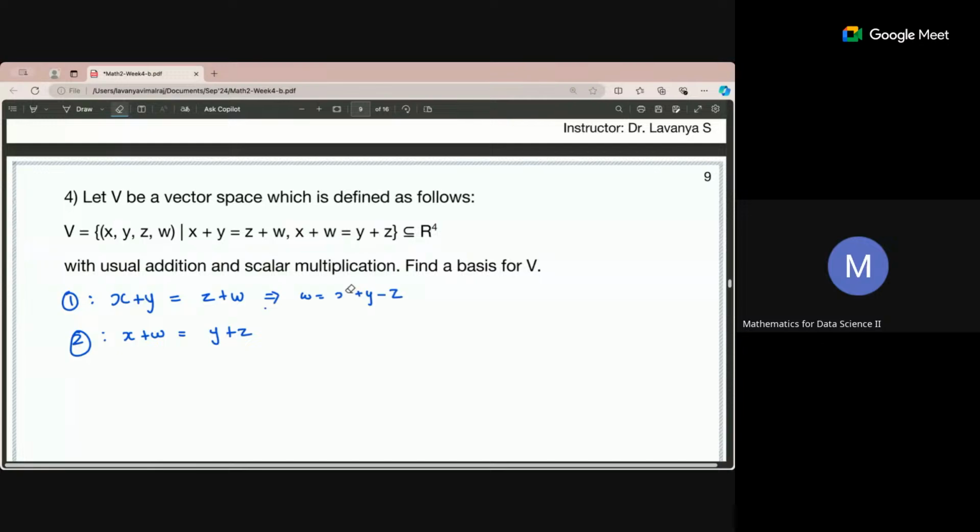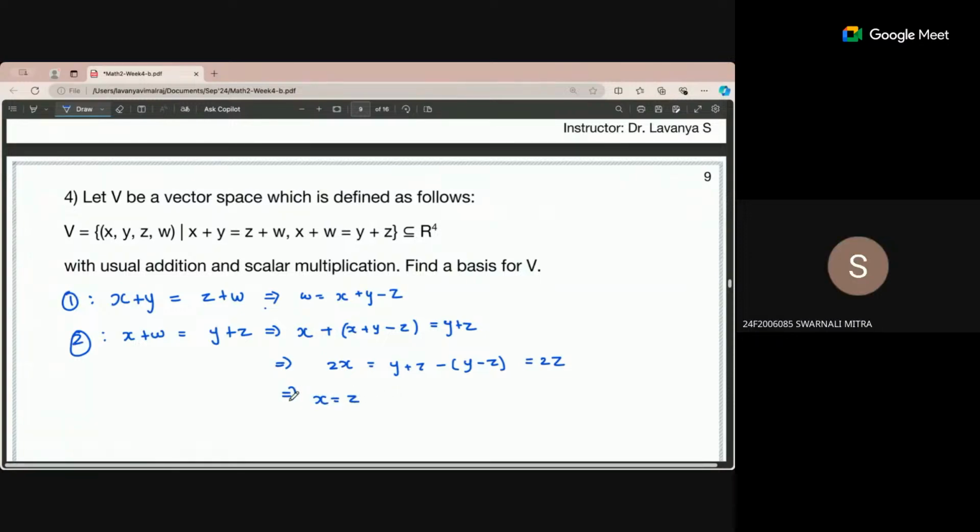Now let us substitute this value of w in the second equation. Here you have x + y - z = y + z. Bringing terms to the other side, you get 2x = 2z, so x = z.